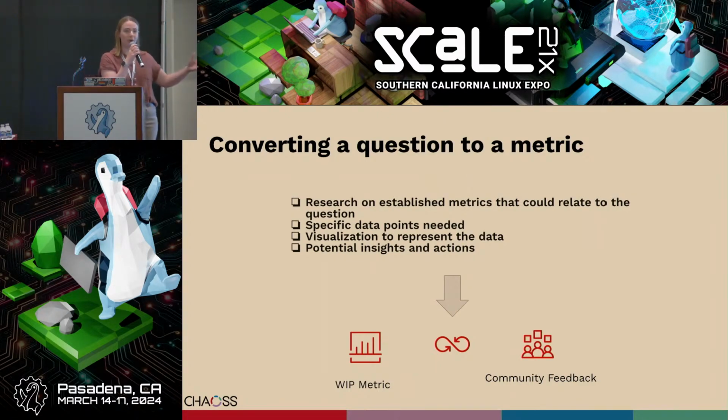There are whole metrics model groups that have done pages and pages. Once you have that question, those pages of resources go from being overwhelming to being incredibly useful. You have to start down that path yourself, because even though those pages of information can be helpful, they can also be very overwhelming. Once you get a pointed start, it makes it a lot easier to go along this path.